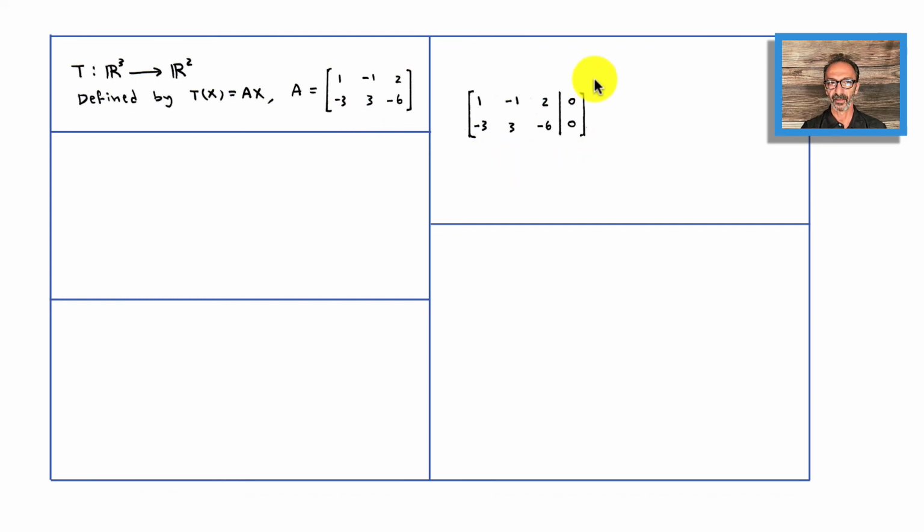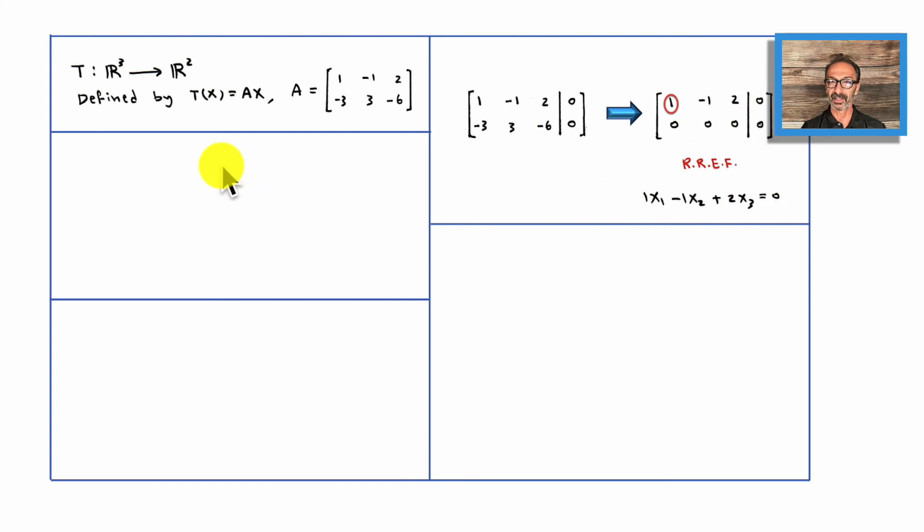Moving forward, we started with the augmented matrix with row echelon operations. We came up with this right here. That's a reduced row echelon form, which translates to 1x1 minus 1x2 plus 2x3 equals 0, as you could see right here.